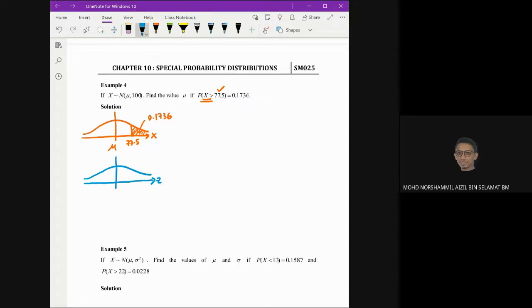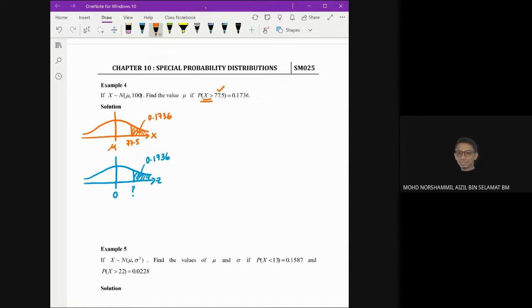The good part is when we do Z, in the middle always zero. So this region will be 0.1736 as well, and we just need to get this part.